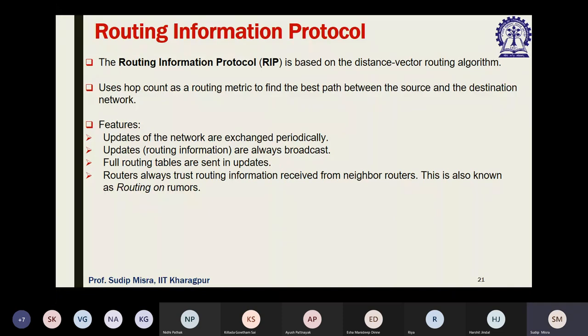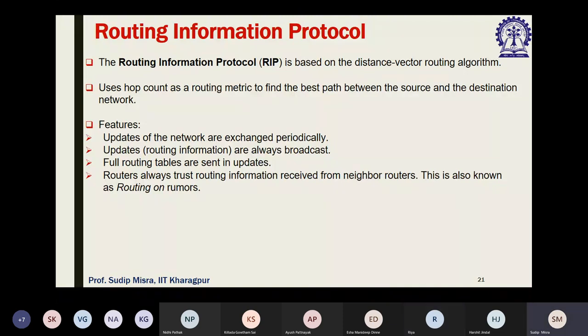Now, if a packet comes in, from this router, using its routing table, when the packet goes to the next router, this is called one hop. The same thing from R2 to R3 will be another hop.